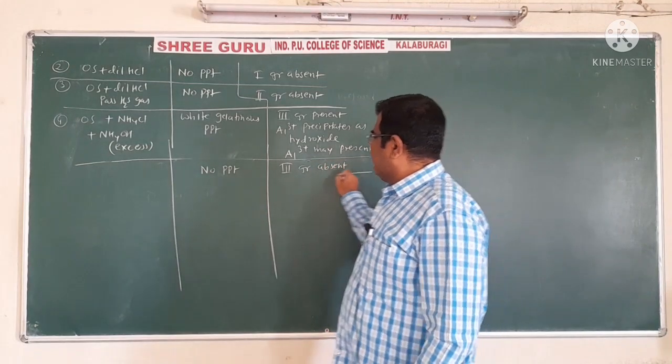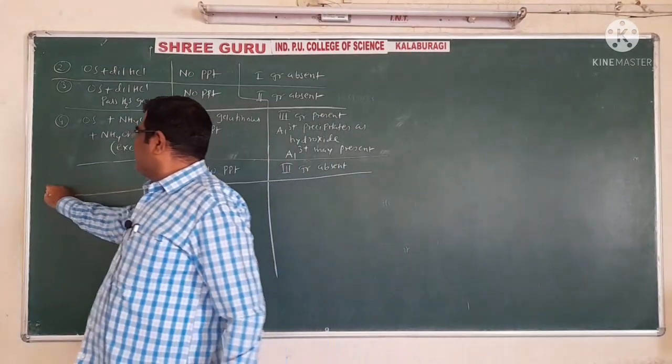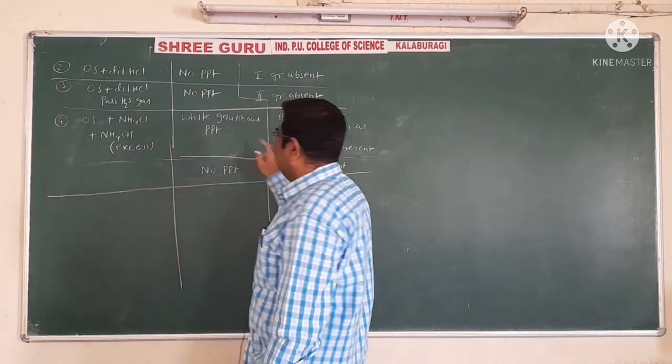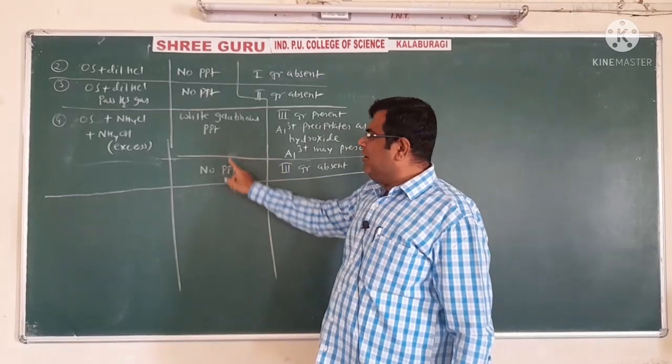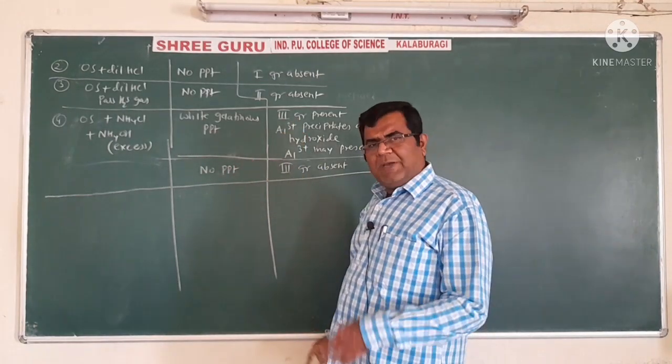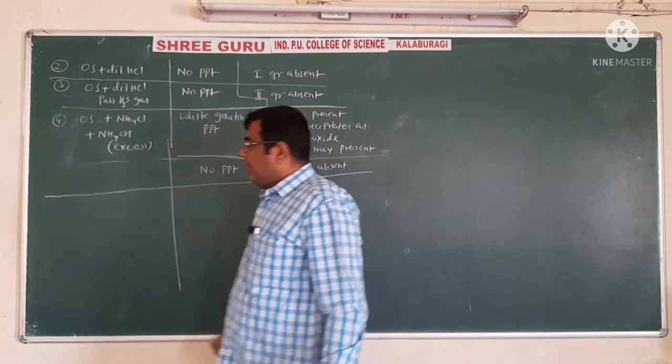Third group absent. And you go ahead. Now in the next group, so there are two possibilities: either white PPT or no PPT. White PPT, third group present; no PPT, third group absent, you go to the next group.